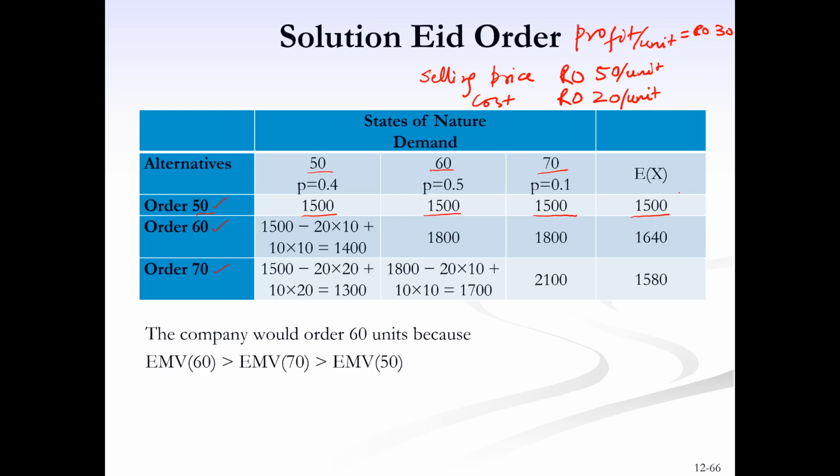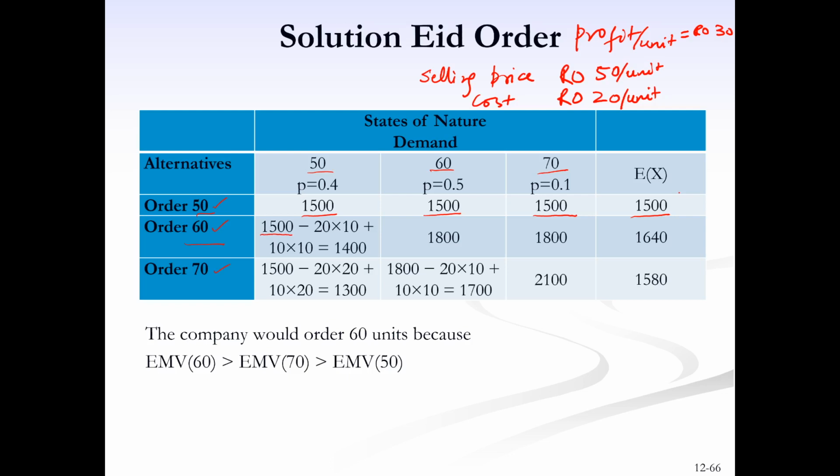Let's look at the second case, alternative 60. We made 60 dresses, and if the demand is 50, then we will only be selling 50 units, so the payoff will be 1500. But 10 units are unsold.